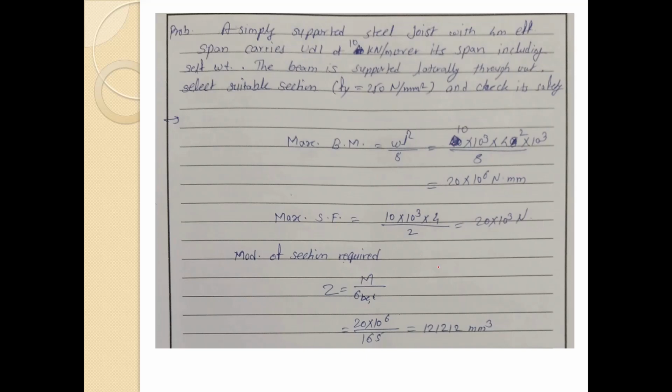So the modulus of section required, that is Z equals M divided by sigma bc comma t.